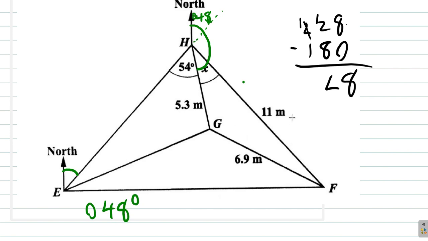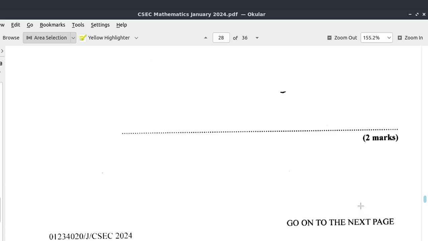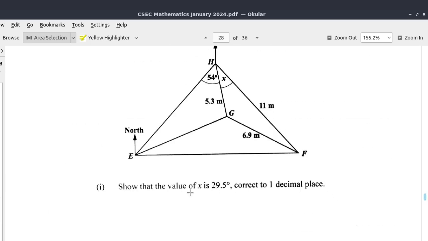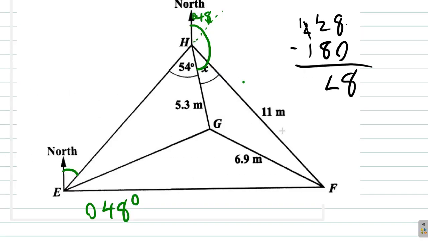Let me pause the video and see if I can find X. Oh, let's look back up here. X is 29.5, right? So this angle is 29.5, and this one is 48. So we can get this one then.